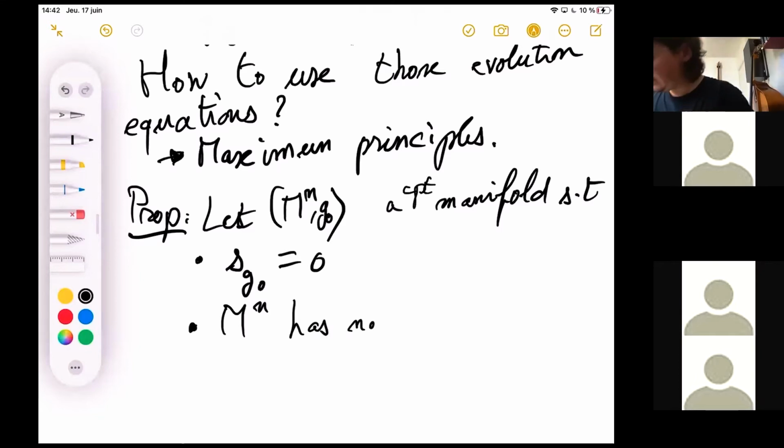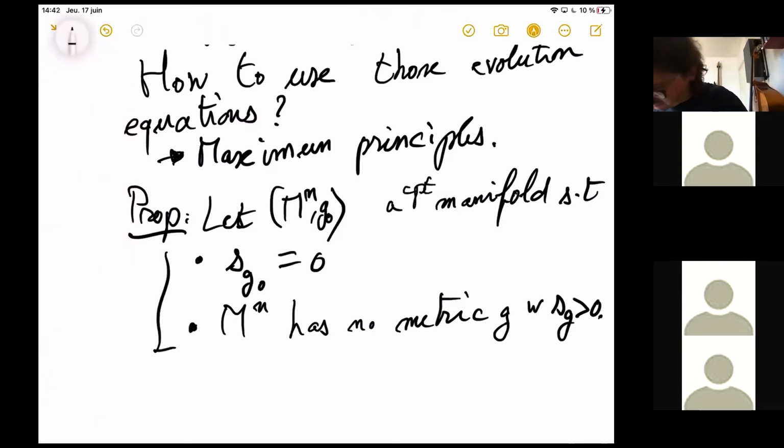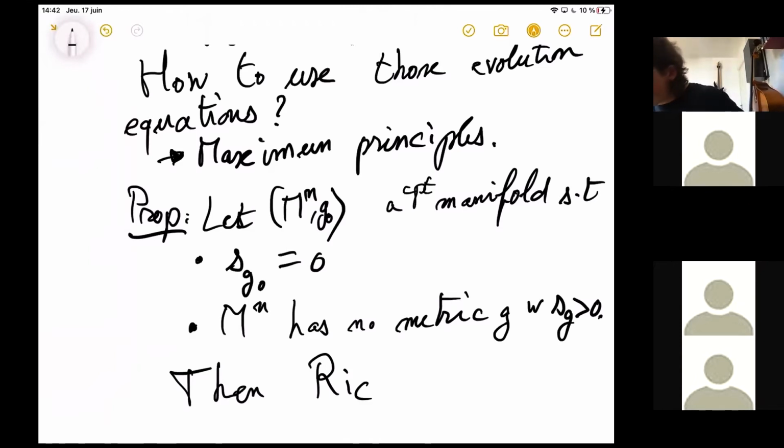Otherwise, you would have counterexamples. And M^n has no metric g with positive scalar curvature. Then M is actually Ricci flat. And we will see how we can use the evolution equation for the scalar curvature here.